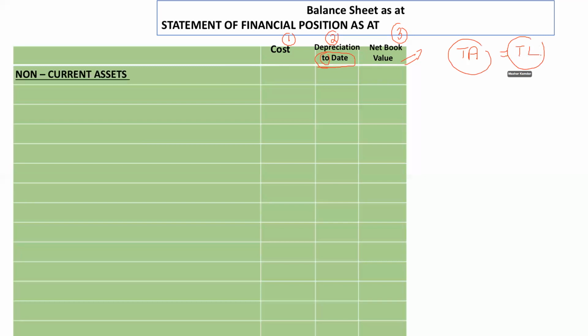So we have our non-current assets. Supposing your non-current asset is premises, the cost will be written in the cost column. Depreciation to date will be written in the depreciation column. Always remember that cost minus depreciation gives you the net book value.